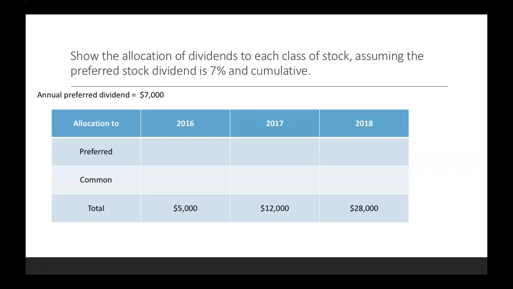Well, what is going to happen here is preferred gets the first $7,000 every year. So we can't just magically give them an extra $2,000 to make them happy, right? So they get all $5,000 of this dividend, leaving nothing left over for common.